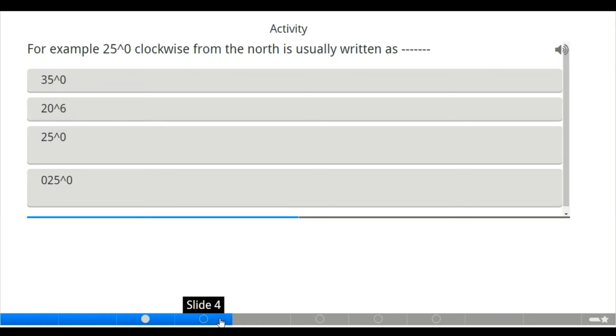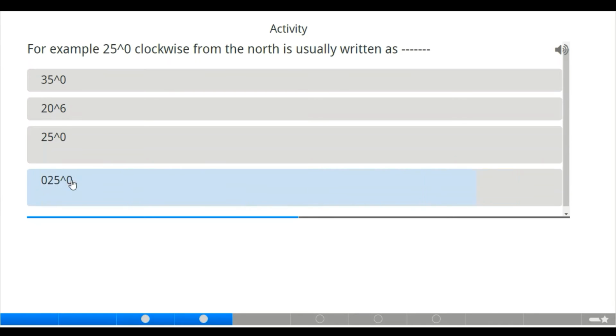Let's assume that we are reading 25 degrees clockwise from the north. That's why we made mention that a bearing is the reading of an angle clockwise from the north. So we are reading 25 degrees clockwise from the north, and we won't write it as 25 degrees. No, we are going to write it as 025 degrees, and that is three figure bearing reading.